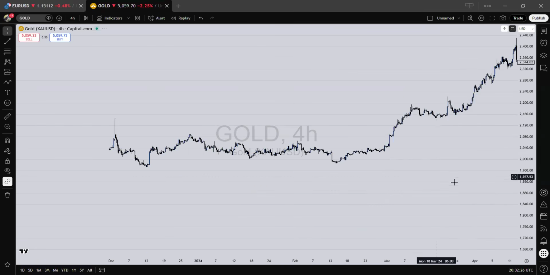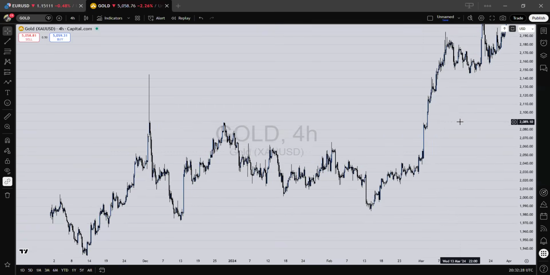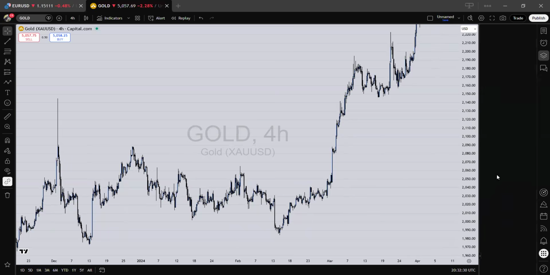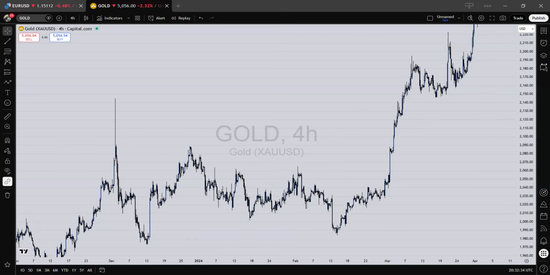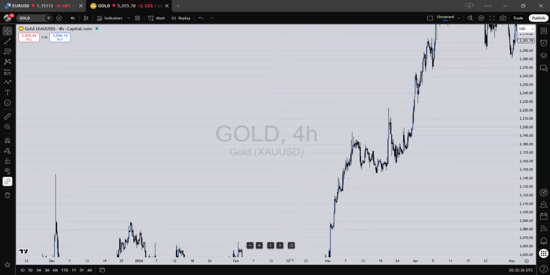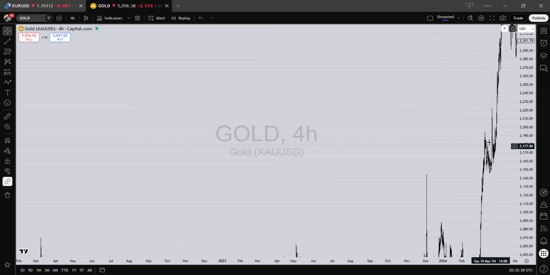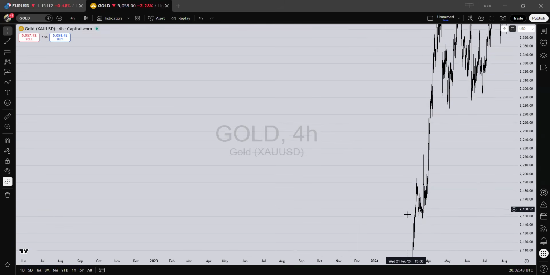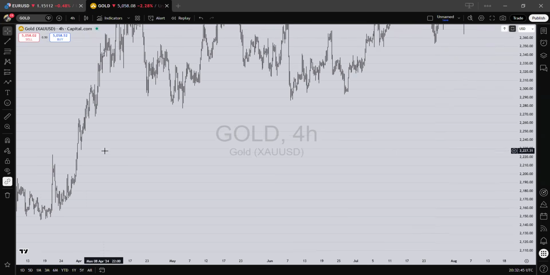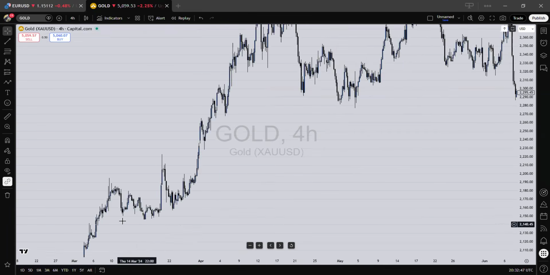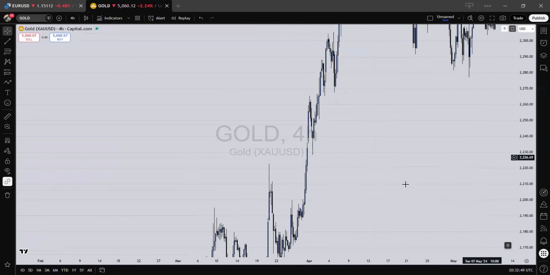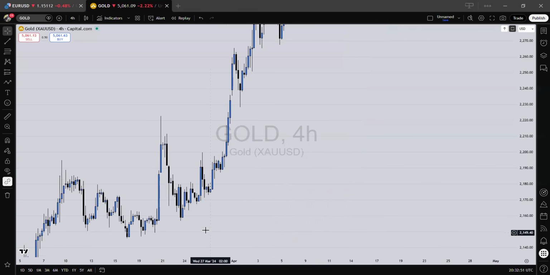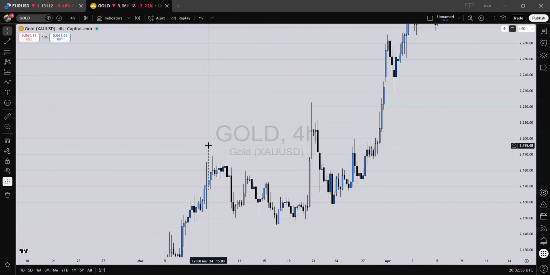There are some particular levels that price gets to, and price will just retrace without anything being printed there. So, like, this is a new all-time high. Let's say gold has not gotten to this point before. All right. So this is a new all-time high.